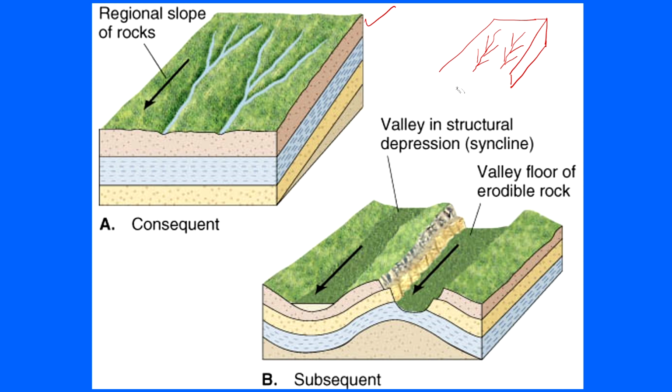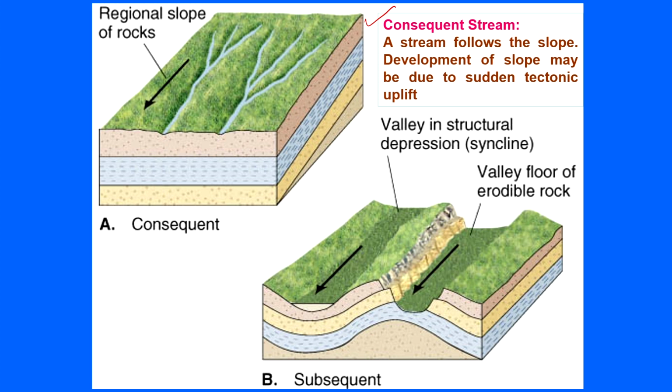These are also termed as parallel drainage, but in general they are termed as consequent streams. The stream follows the slope, the development of slope may be due to sudden tectonic uplift, because natural slopes are not usually seen; the slopes are seen because of tectonic deformation mostly.